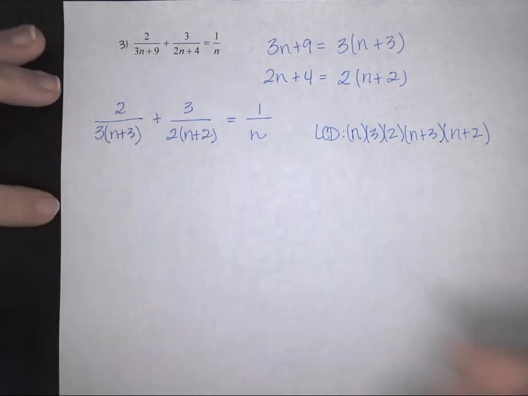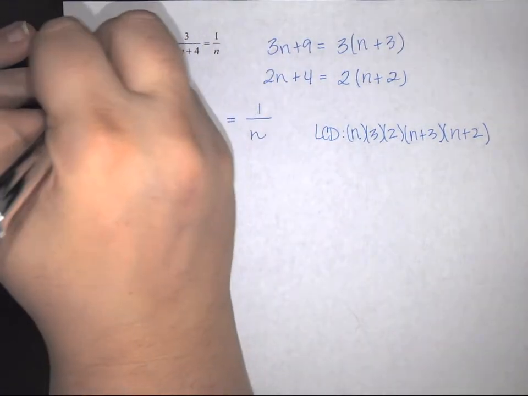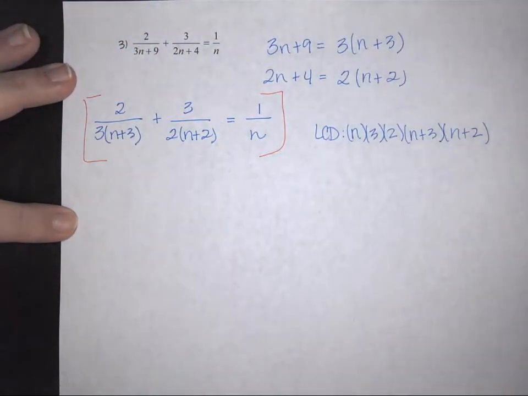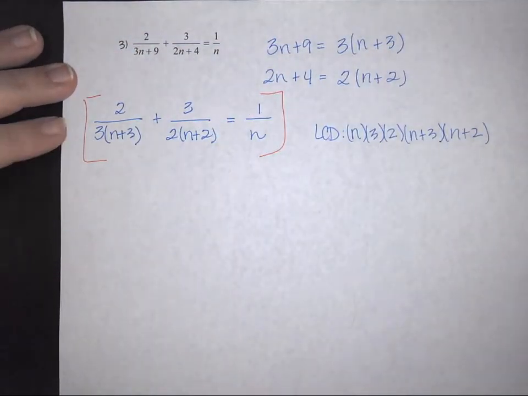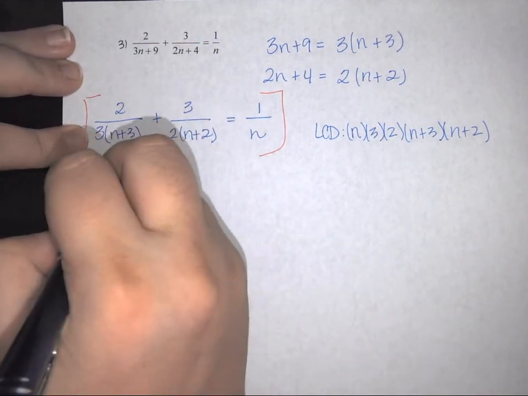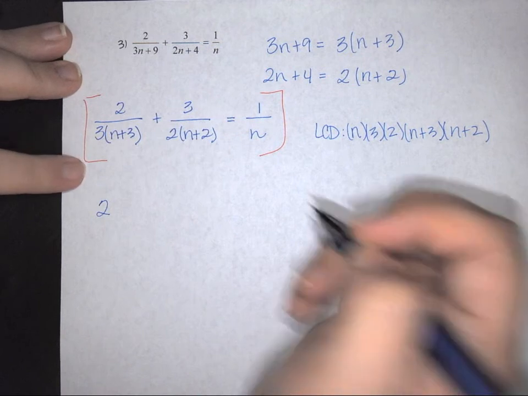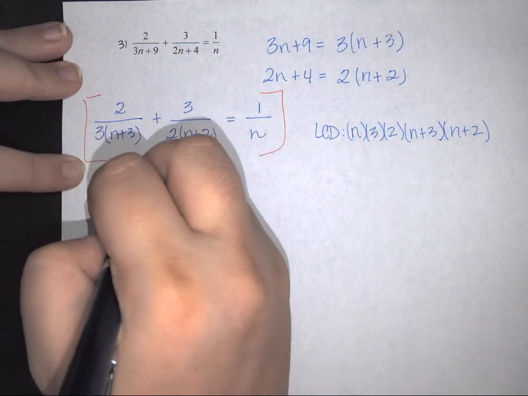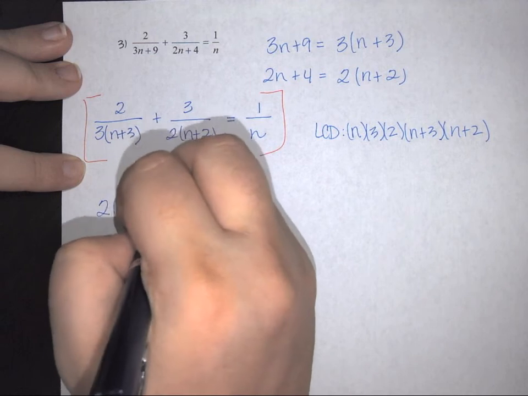So again, I have to multiply this whole thing by this LCD term. So if I look at the first one, 3 and n plus 3 go away. So 2 is left behind, times 2 times n plus 2.